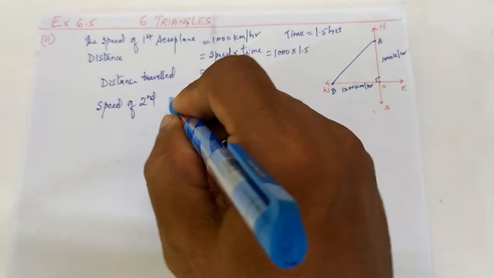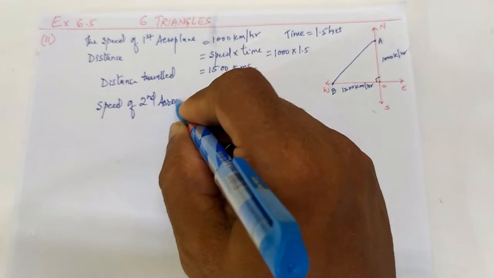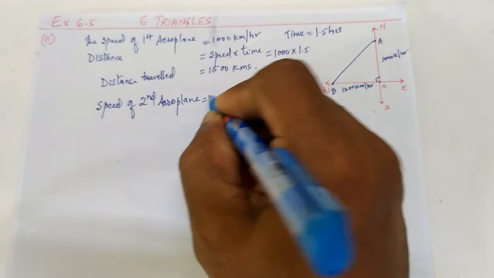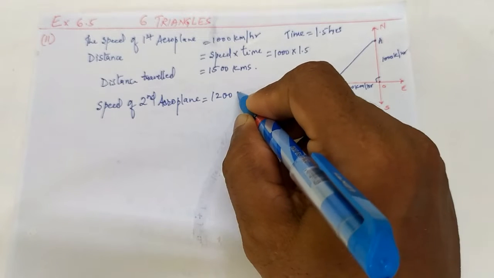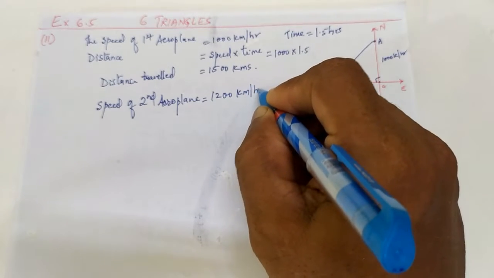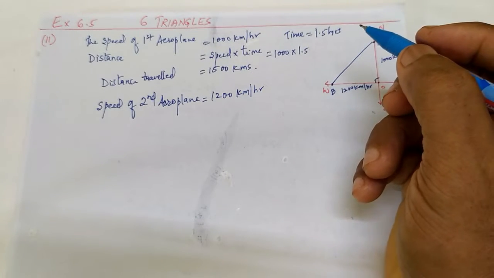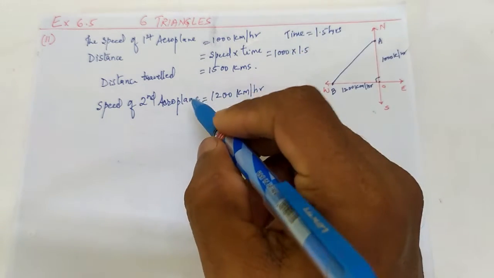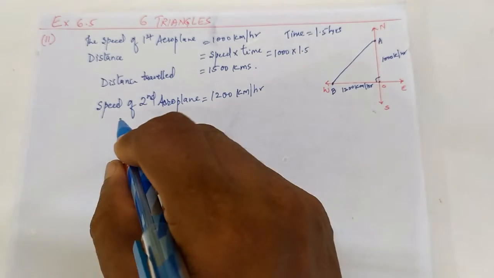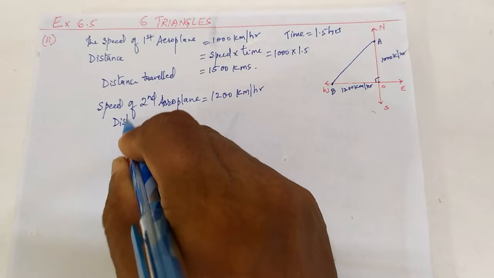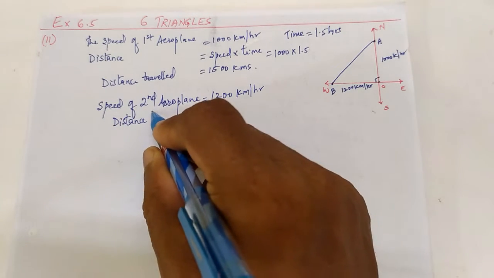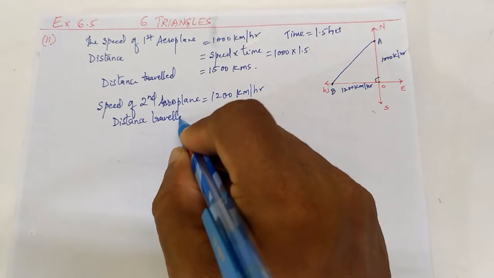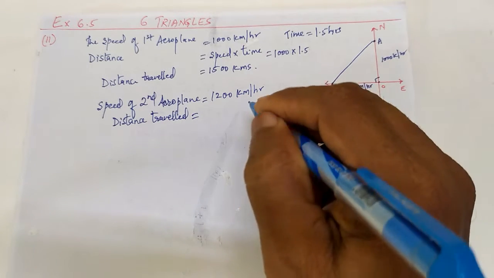The speed of the second aeroplane is 1200 kilometers per hour. So the distance traveled is speed into time again.